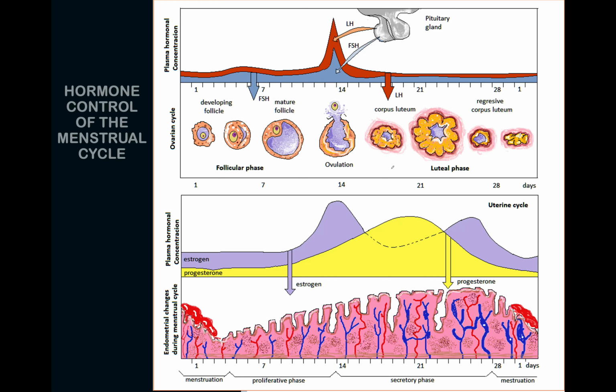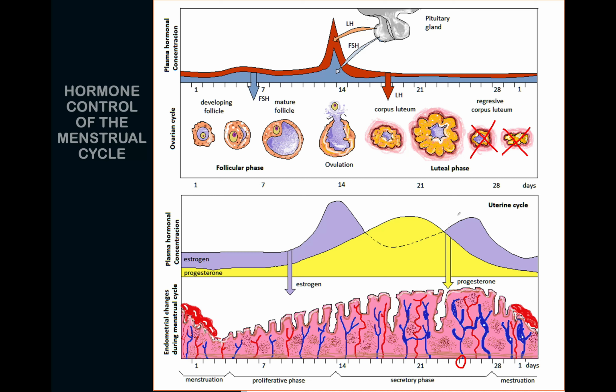Now, children, if fertilization does not take place, what happens? You will find that the corpus luteum starts to degenerate and break down and break away from day 24 of the cycle. When this happens to the corpus luteum, what effect will it have on the progesterone then?